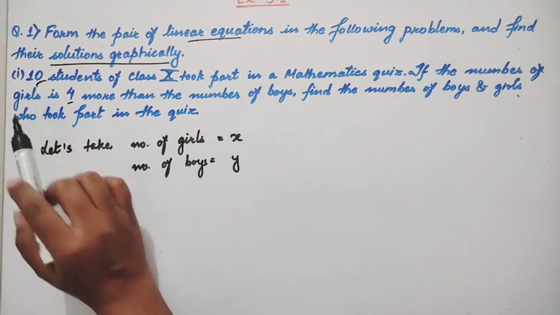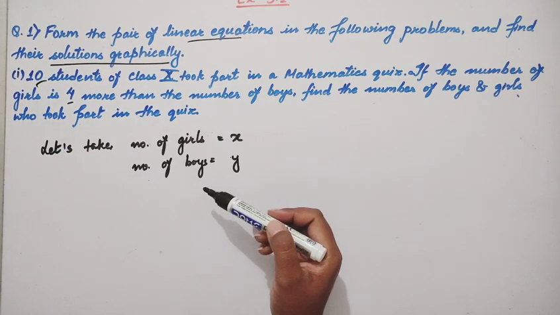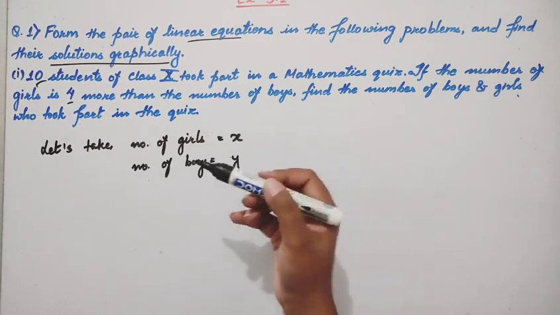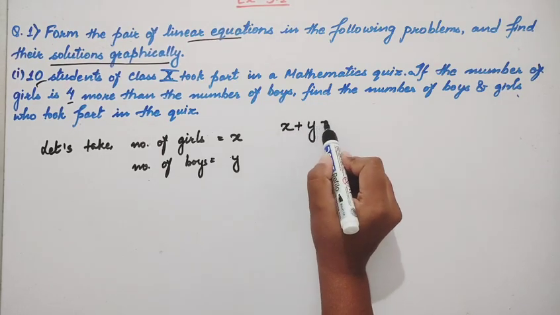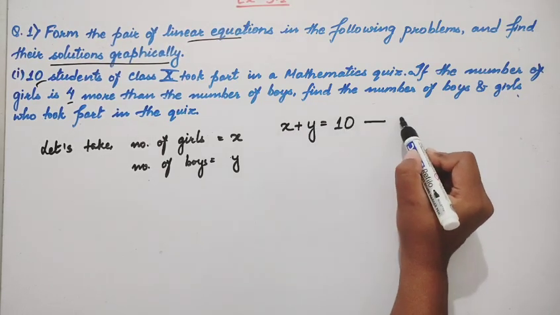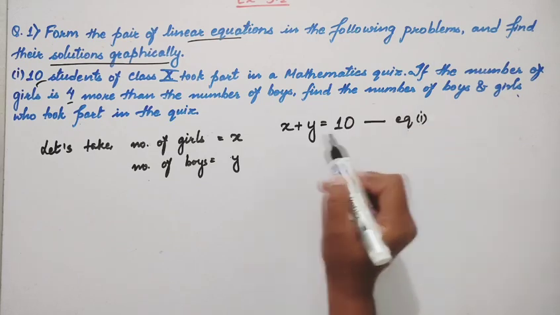Since the total number of students is 10 and we have assumed the number of girls is X and the number of boys is Y, we can write X plus Y equals 10, which is your equation 1.